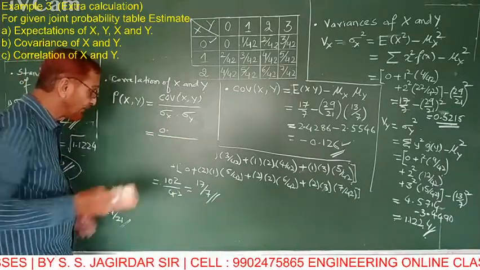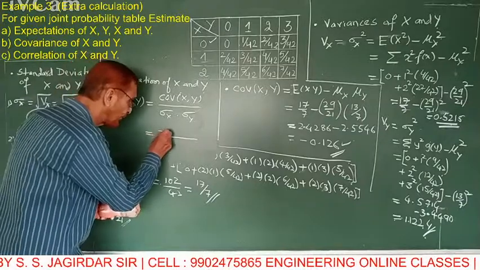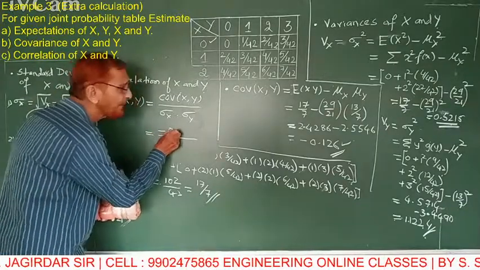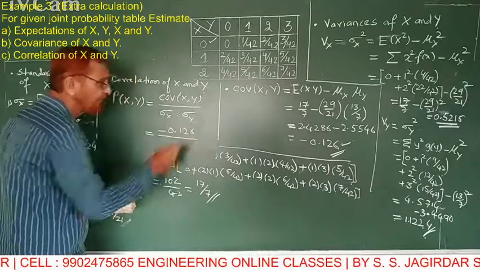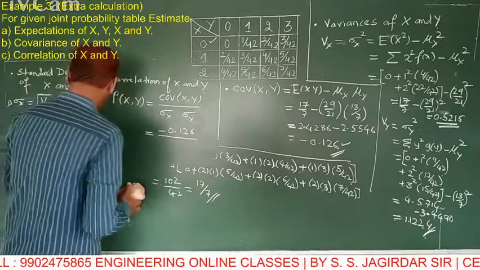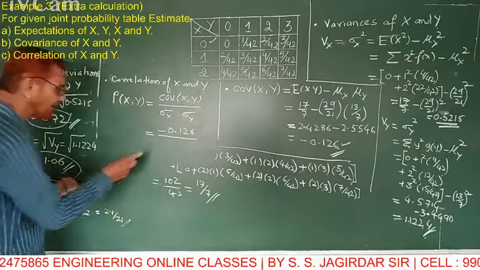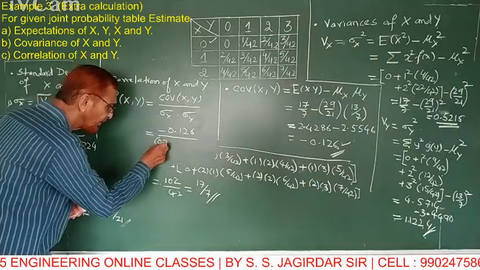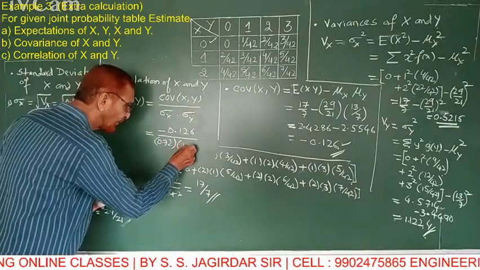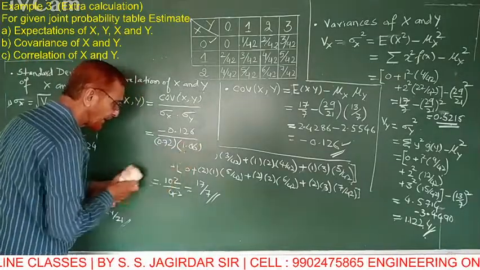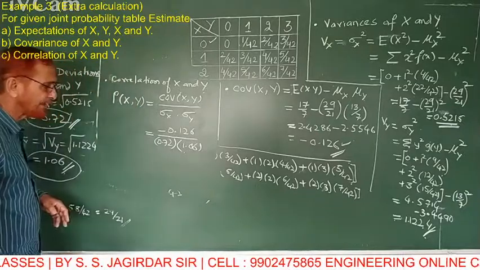So the covariance of x and y is negative, so you have to include minus here: minus 0.126 divided by sigma x, which is 0.72, into 1.06. And now with this you will get the answer.